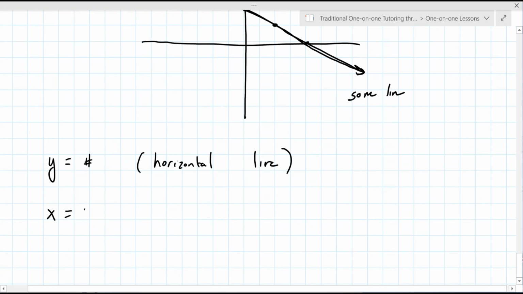If I tell you x equals a number, this is always a vertical line. However you want to learn this, you just have to get this embedded. Y horizontal, x vertical.